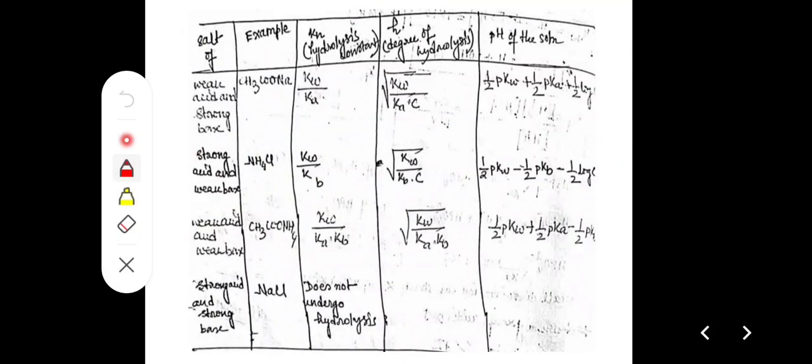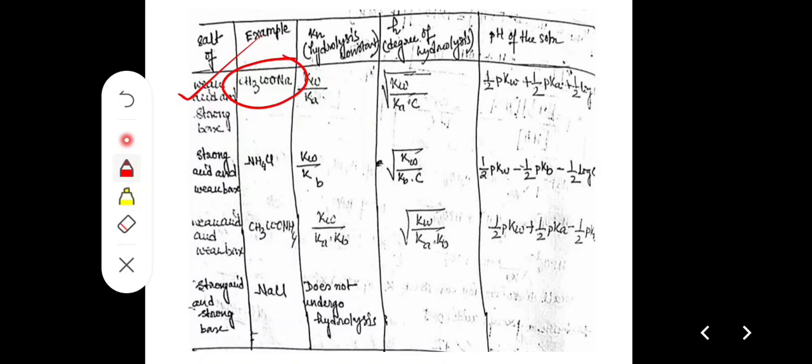Now salt of a weak acid and strong base. For example, acetic acid is a weak acid and sodium hydroxide is a strong base.